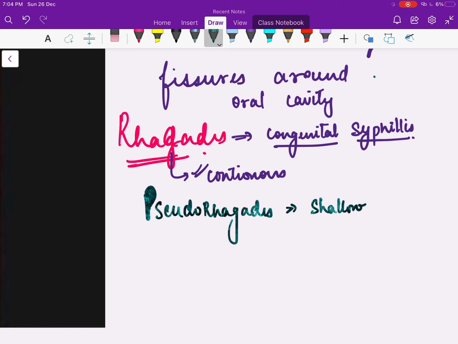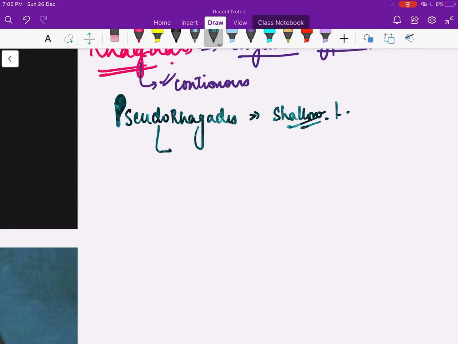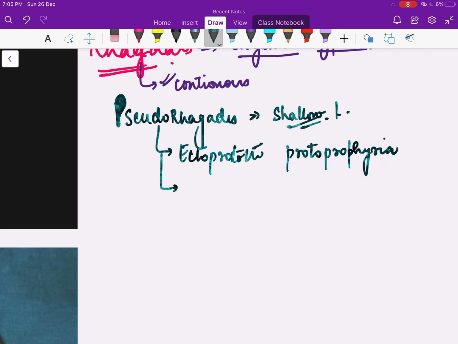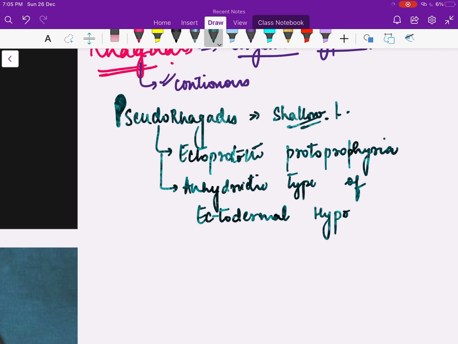These are not continuous fissuring around the oral cavity, they are just shallow. Pseudo-rhagades are seen in erythropoietic protoporphyria and in the anhidrotic type of ectodermal dysplasia. Pseudo-rhagades will not be seen in congenital syphilis. Characteristically, true rhagades are seen.